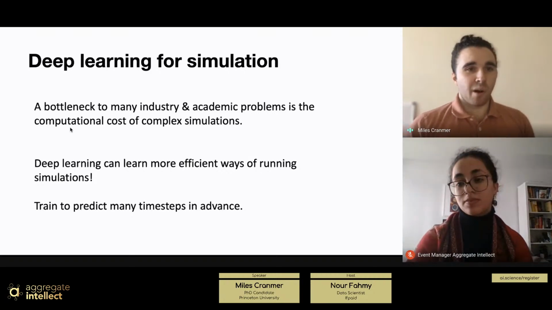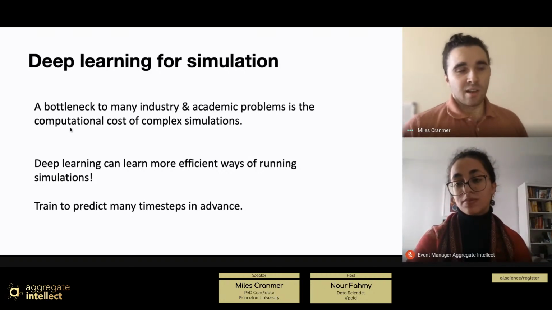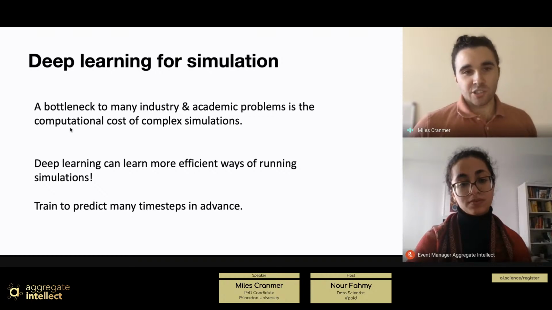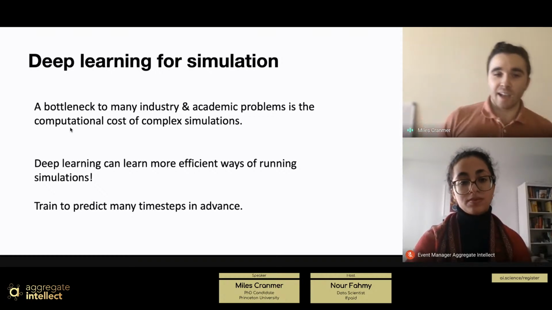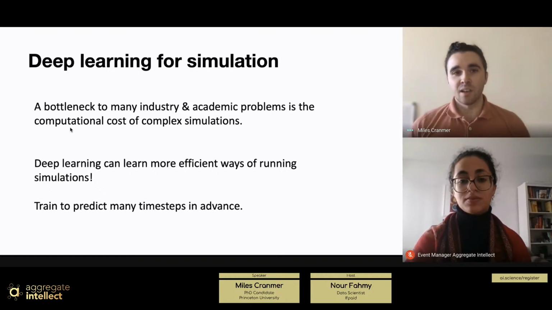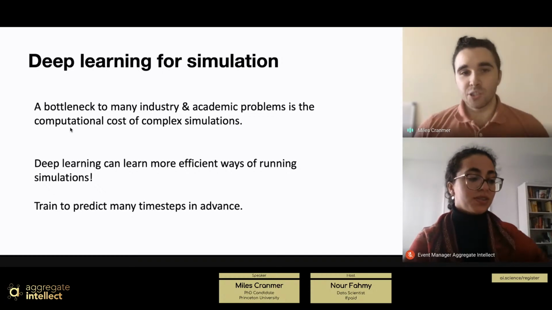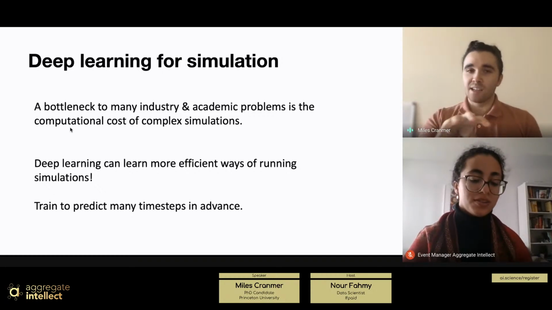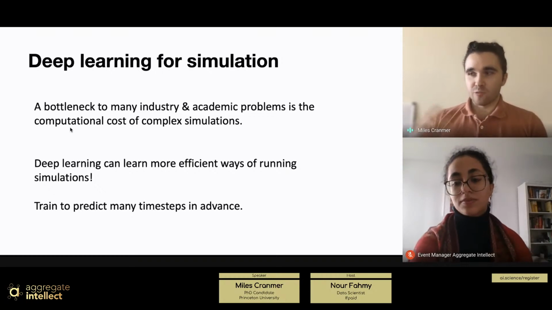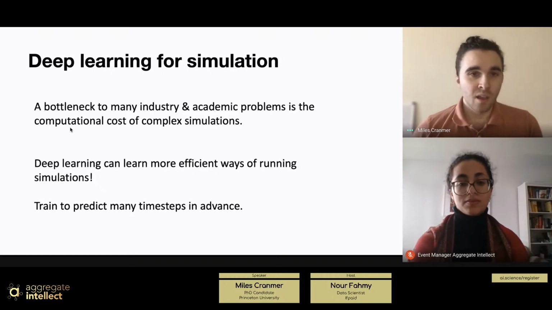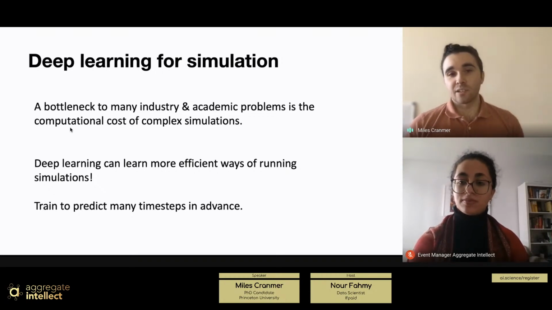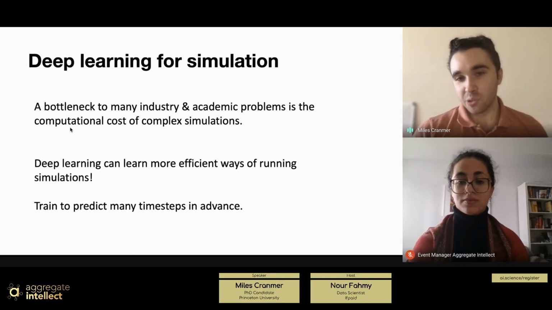In industry and academia together, there are a lot of different problems where the bottleneck, the really expensive part, is just simulating things. Real world simulations are very complex and have high computational expense. What deep learning can do is, if you train a deep learning model to run your simulation for you, it can often learn more efficient ways of doing so.